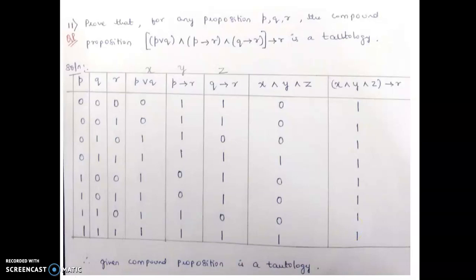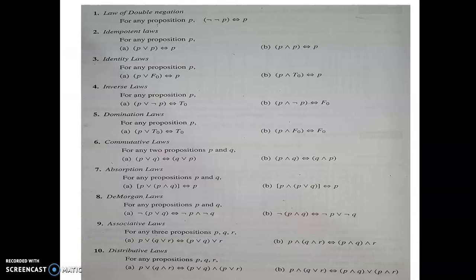Coming to the next concept, we are seeing the important part of our first module, that is the laws of logic. You will have to remember certain laws. There are basically 10 laws, and these 10 laws are to be remembered, and we come across these laws several times. With these laws we are proving and solving many problems, deriving many examples.